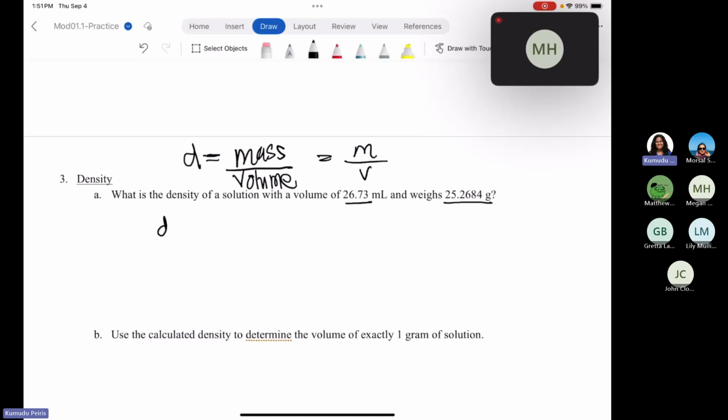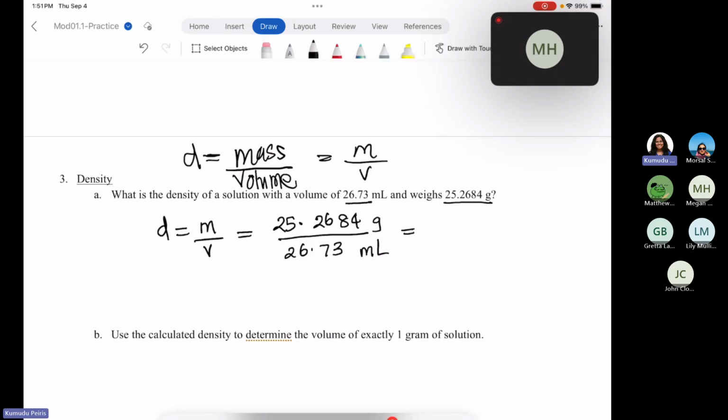So D equals M over V, and the mass equals 25.2684 grams divided by 26.73 milliliters. Right. I'll just put whatever I see here into the calculator, and this is the answer I got.